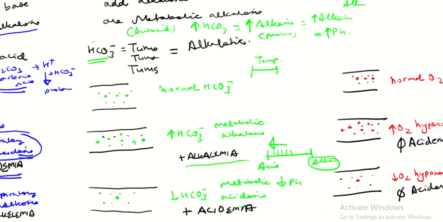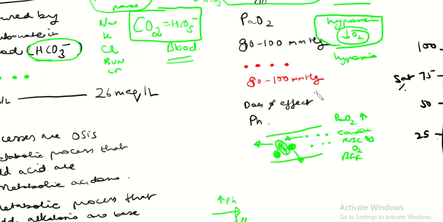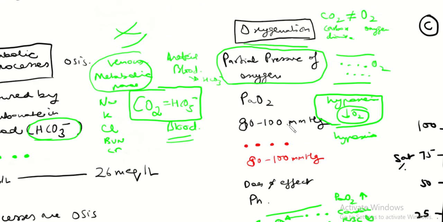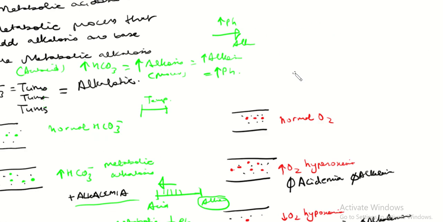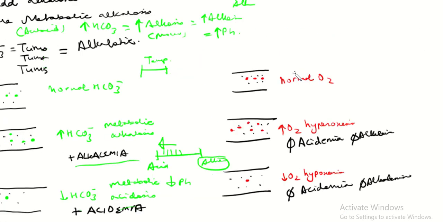And last but not the least, we have our oxygen. And again, that's dissolved oxygen, which is required to be dissolved so that when conditions are right, it can attach to the hemoglobin. Normal partial pressure is 80 to 100, and if it's less than 80, you have hypoxemia. When you have more than 100, you have hyperoxemia, but it does not either add to the acid or add to the alkalemia of the body.